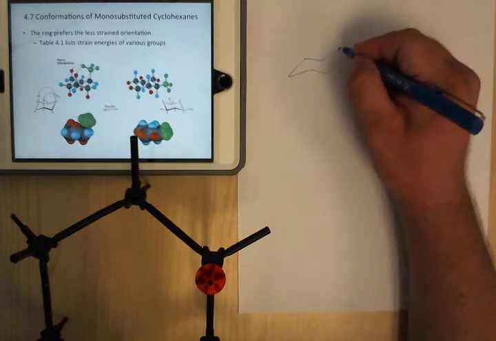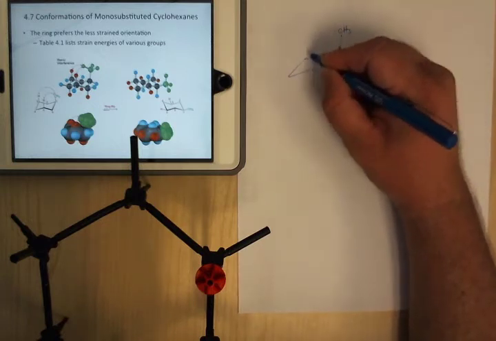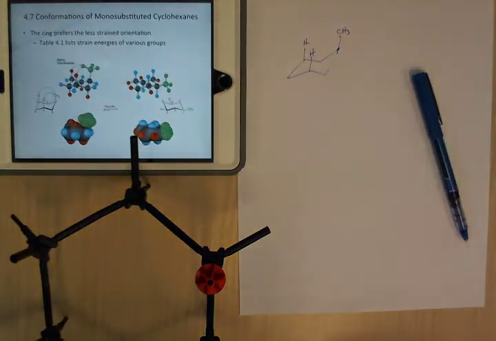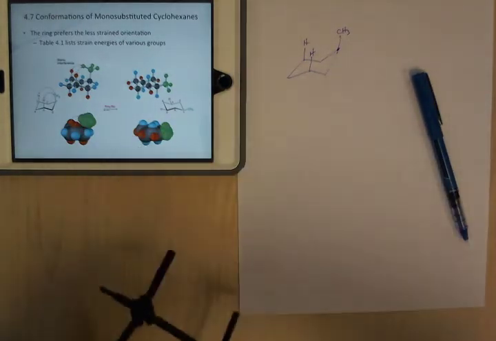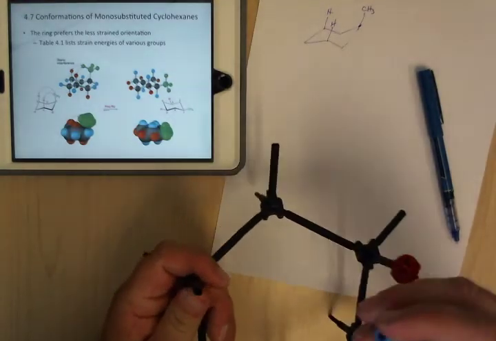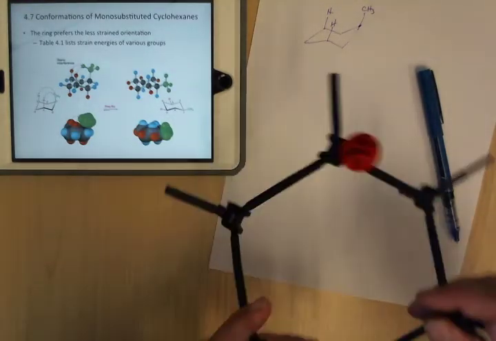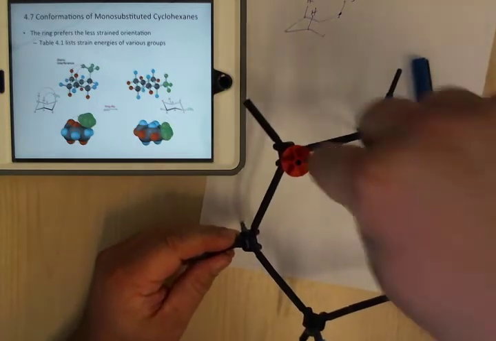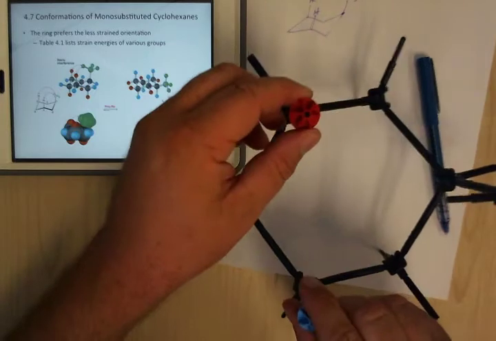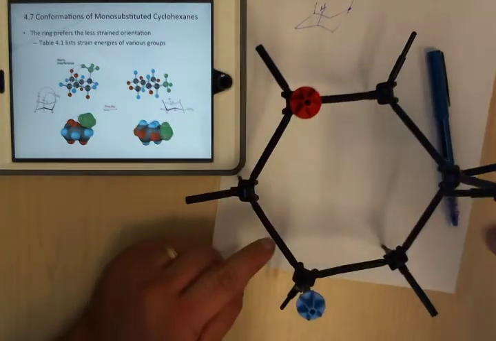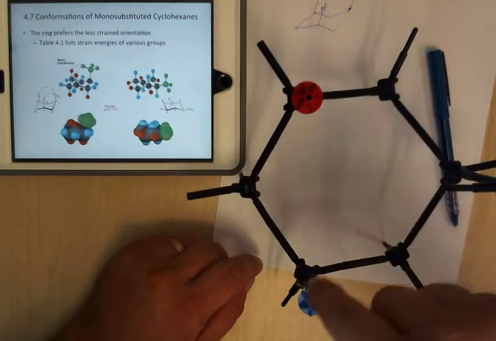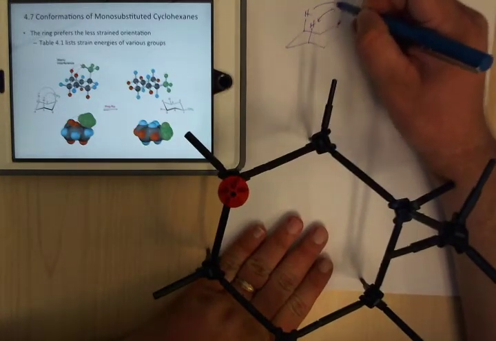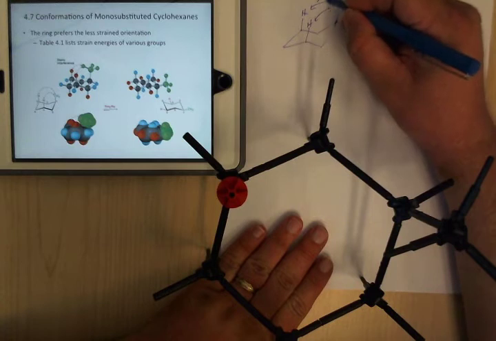If you have a methyl group in the axial position, and you have hydrogens here, these two are hydrogens, this methyl group is going to be close enough to interact with them. That's going to be steric hindrance, here and here.